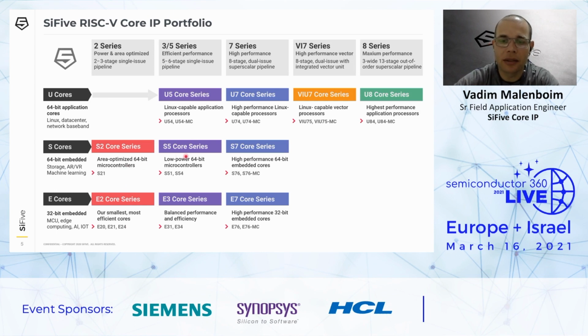Going to the next in line, 3 and 5 series, here we are adding the ability to instantiate several cores in one core cluster and the option to add instruction and data caches. The U5 is our U-class application core, has an MMU and runs Linux out of the box. The Unleashed board is powered by the U5 core, and it was the first in the world board with the first in the world RISC-V core IP in silicon running Linux.